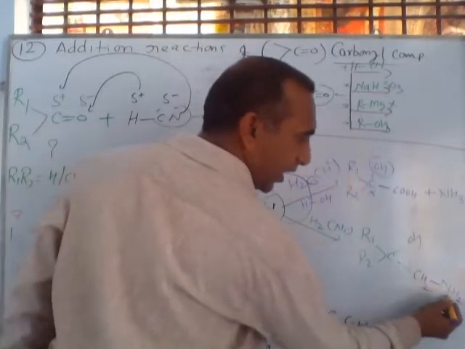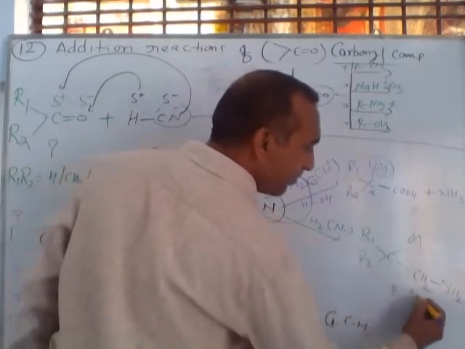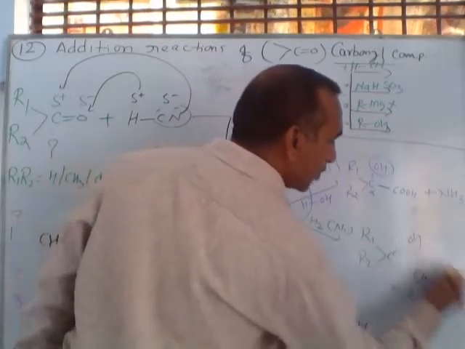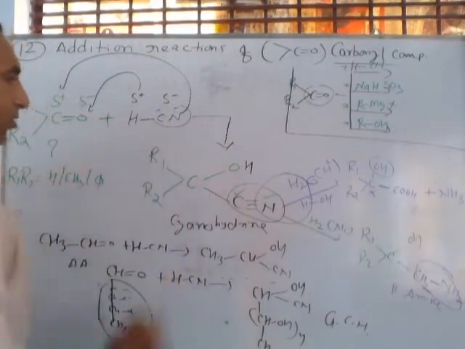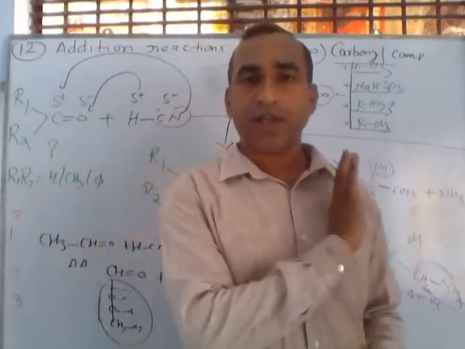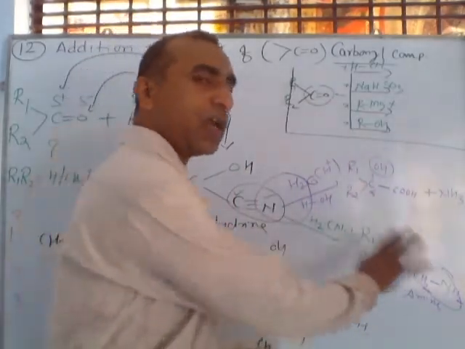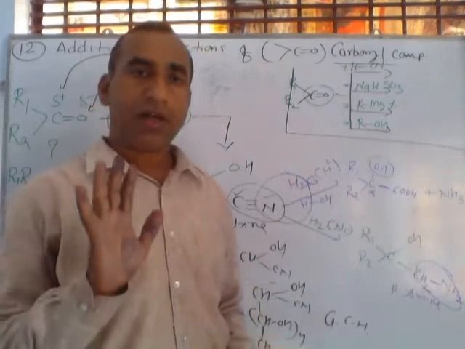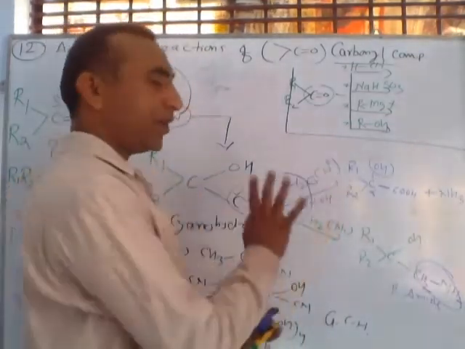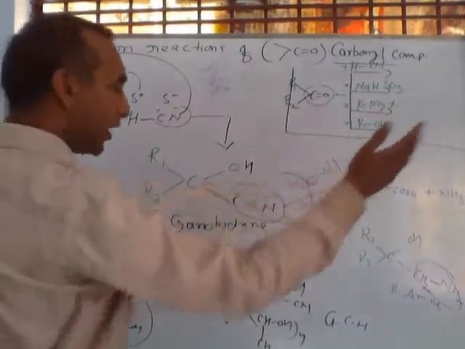This is alpha, this is beta, and here beta hydroxy amines will form. So cyanohydrin on hydrolysis gives carboxylic acid, and cyanohydrin on reduction gives amines with the OH group remaining. So you can convert these compounds again.